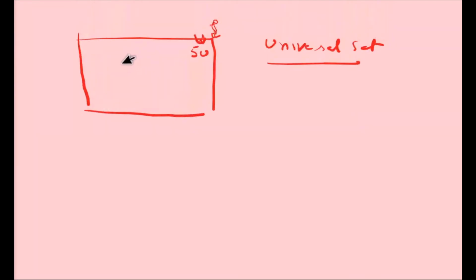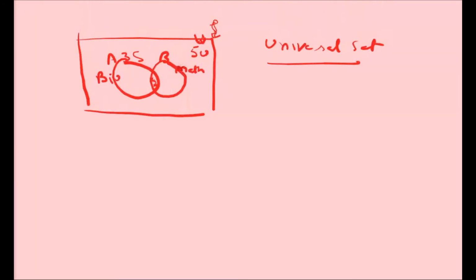Now here is a group in your class of, let's say, 35 students. These students read bio, and there is another group who read math. Then we can see some students read both bio and math.